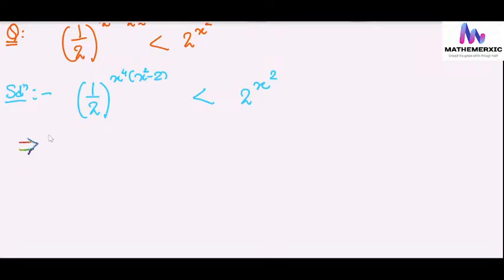We see here in this question, I can say that if the bases are same, we can solve it. If the bases are same, we can do something. So 2 to the power x square. How to start the question?